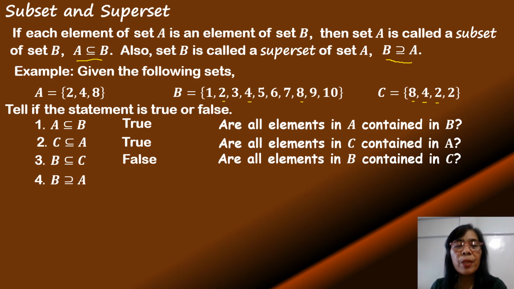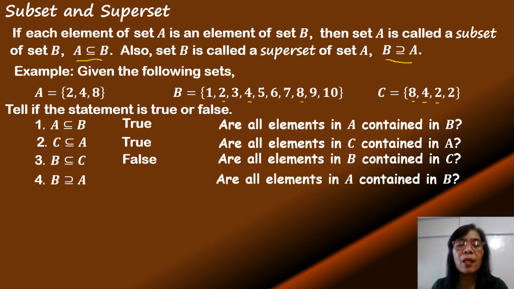Let us have B is a superset of A. Again, the statement B is a superset of A is just like asking, are all elements in A contained in B? So we go back to the elements in A, 2, 4, 8, and obviously they are all found in B, and so the statement B is a superset of A is true.